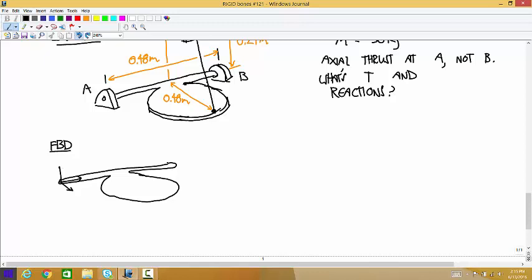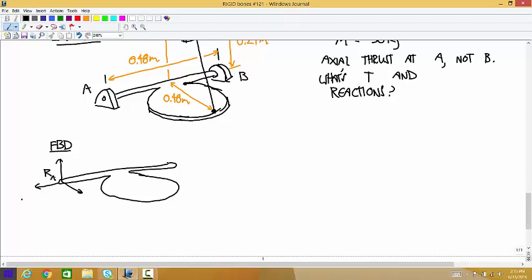I'm going to do the axes like this. Okay, so there's x-axis, y-axis, z-axis.